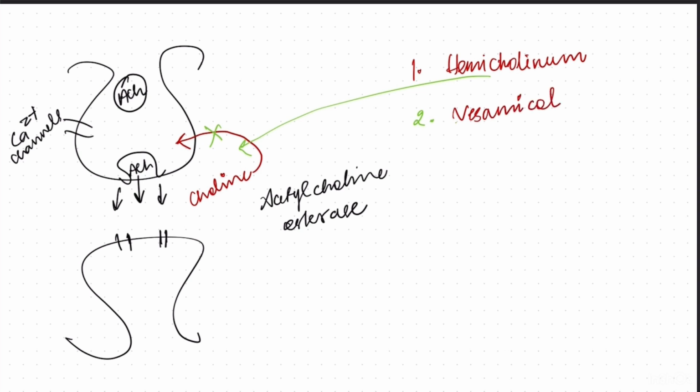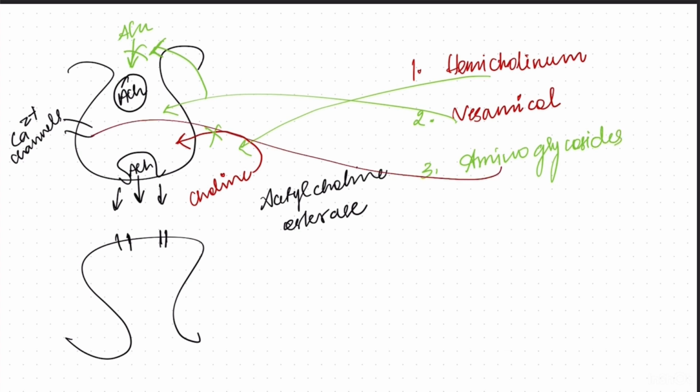Actually, it inhibits entry of acetylcholine into vesicles. And third one is aminoglycosides. It inhibits opening of calcium channels. So there is no depolarization of the presynaptic membrane and there is no chance of releasing acetylcholine into the synapse.